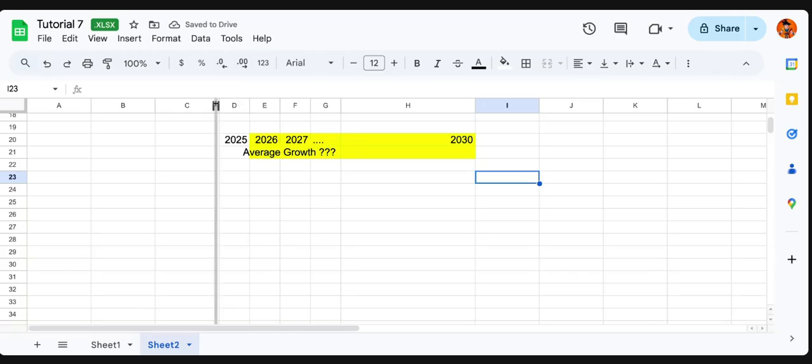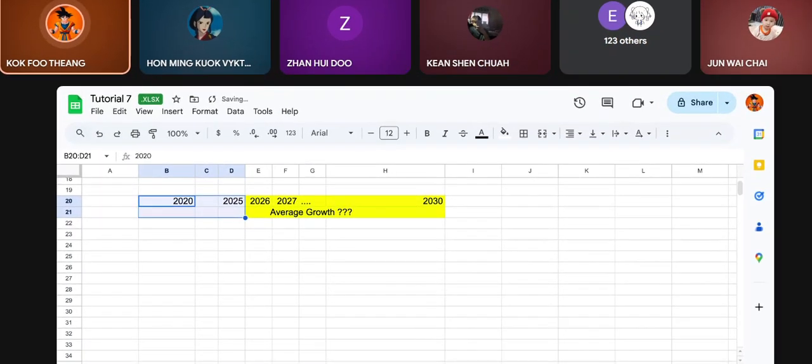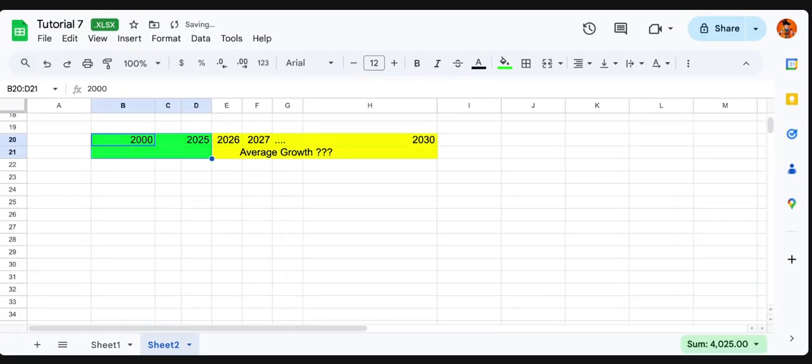If we want the average growth for this period, whether you use 2020 to 2025, or 2000 to 2025, does it make a difference?